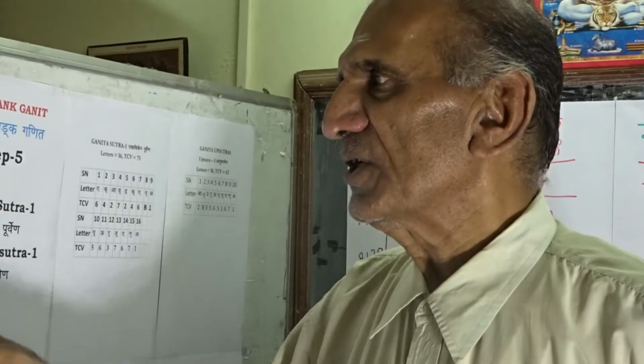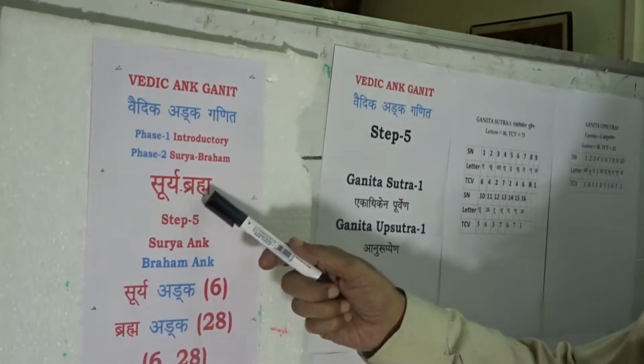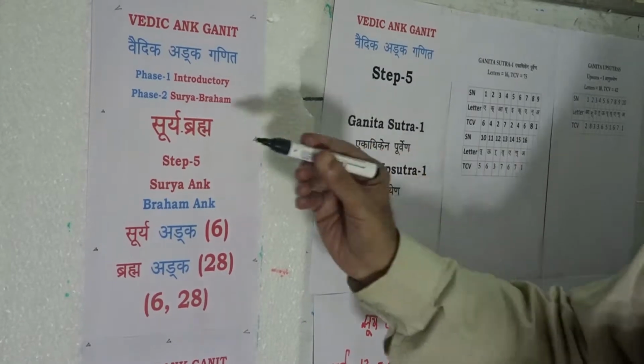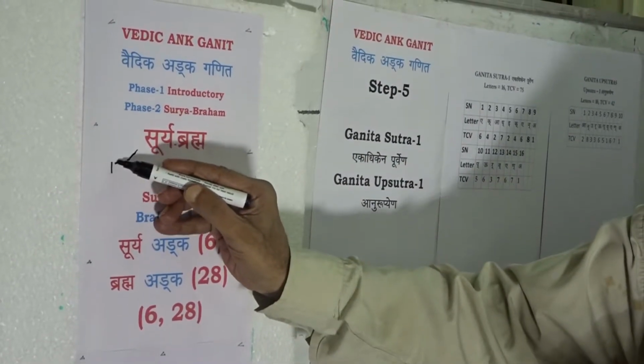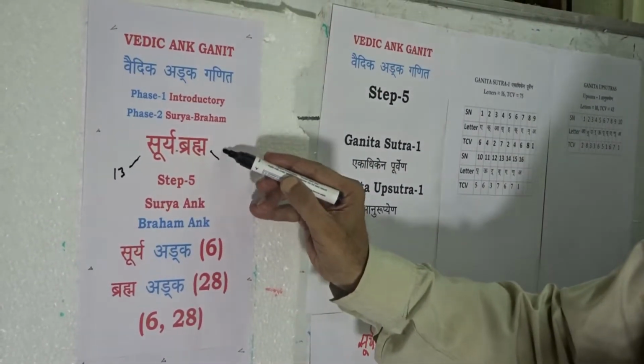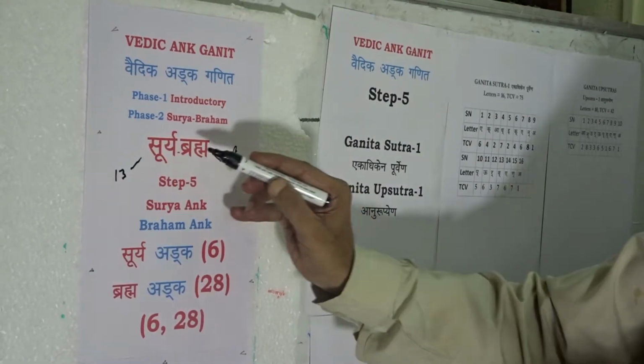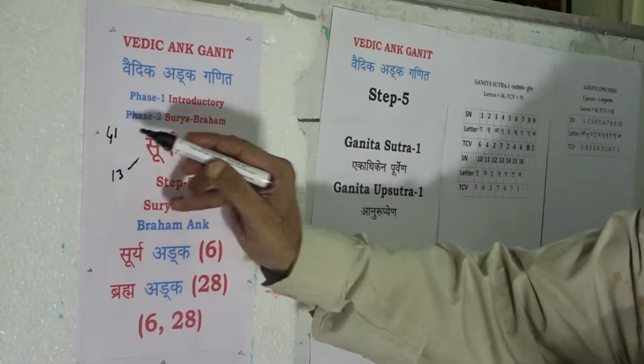This formulation Surya Brahm, as it is, will be taking us to TC value 13 and TC value 28, making a summation value 41.